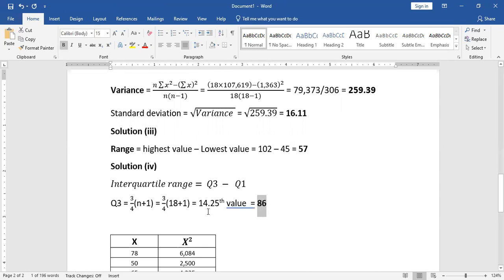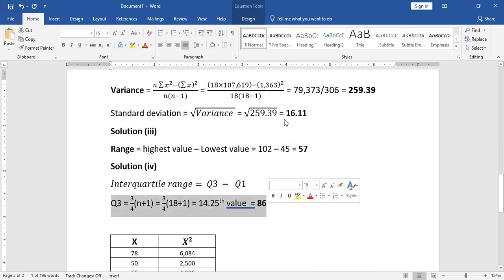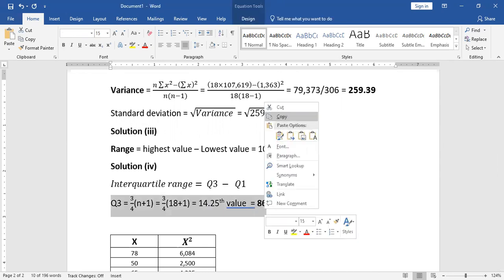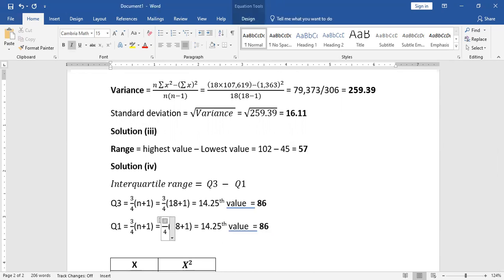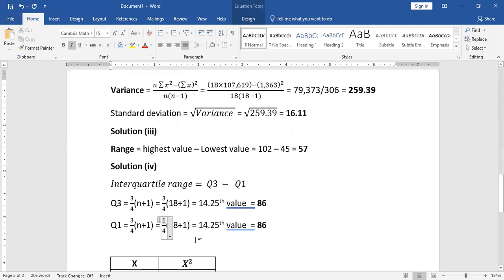Quartile 1, in the same manner we did with quartile 3. But this time around, quartile 1 will be given by 1 over 4 instead of 3 over 4. 1 over 4, 18 plus 1. So 18 plus 1, that's 19. 19 multiplied by 1 is 19 again. And then divide by 4.